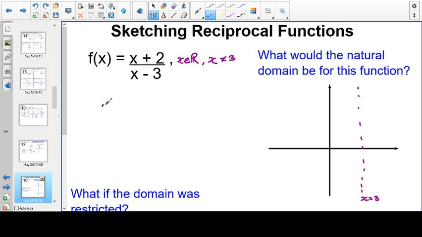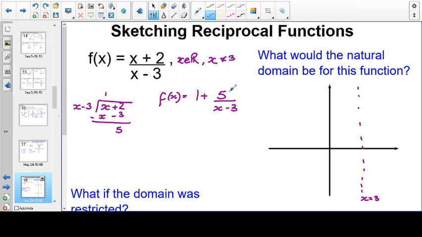So I'm going to do x plus 2 divided by x minus 3. x into x goes 1. So multiply and subtract. Take that is nothing. 2 take negative 3 is 5. So that actually can be written as 1 plus 5 over x minus 3.